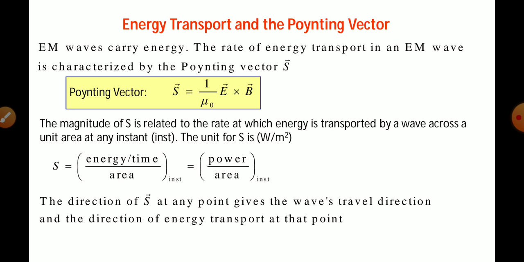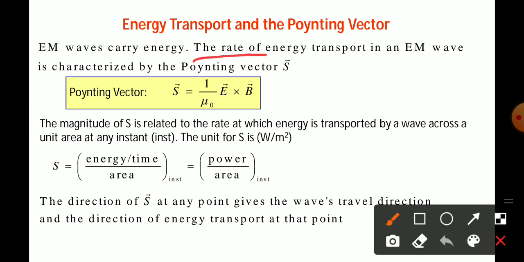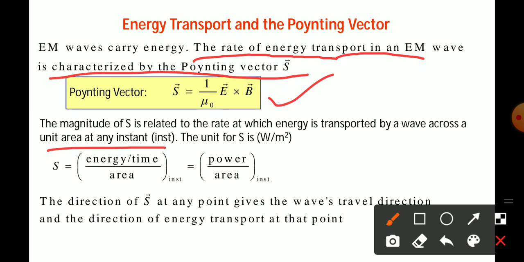Now, an EM wave carries some energy. If we are interested in identifying this, the Poynting vector or Poynting theorem is very important. The rate of energy transported in an EM wave is characterized by the Poynting vector S, which is defined as 1 by mu 0 of E cross B. The magnitude of S is related to the rate at which energy is transported by a wave across a unit area at an instant.